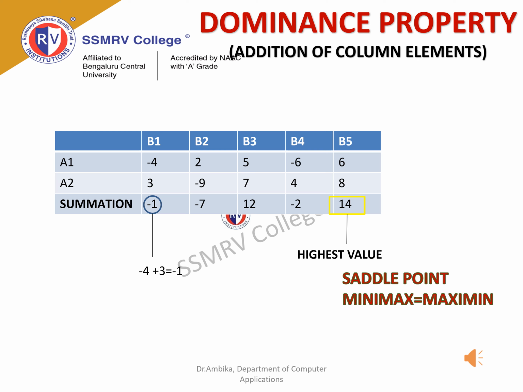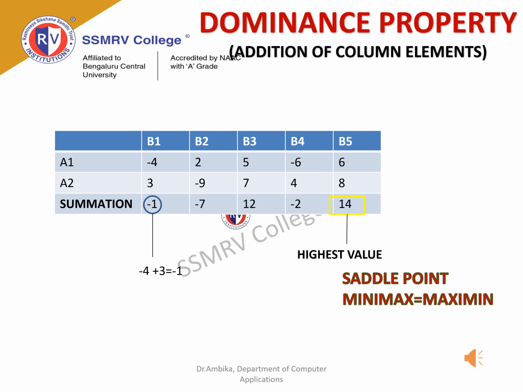First, we need to add the respective row elements of the column and insert it in the summation row. If you consider the B1 column, you will have to sum minus 4 plus 3, which leads to minus 1. B2, 2 minus 9, which leads to minus 7. B3 column, 5 plus 7 leads to 12.